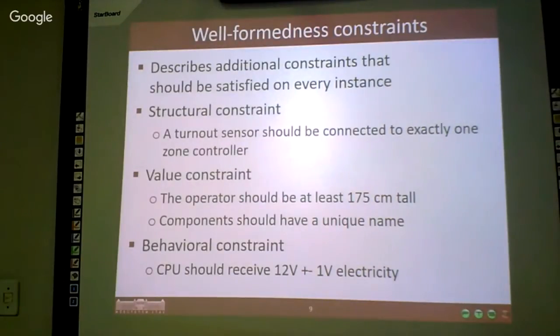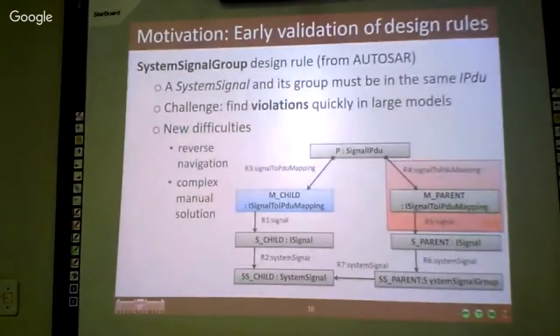For example, the operator should be at least 175 centimeters tall, or the components should have a unique name. And we can also provide behavioral constraints, such as that the CPU should receive a certain amount of electricity. And these well-formedness constraints are used for the early validation of your system.